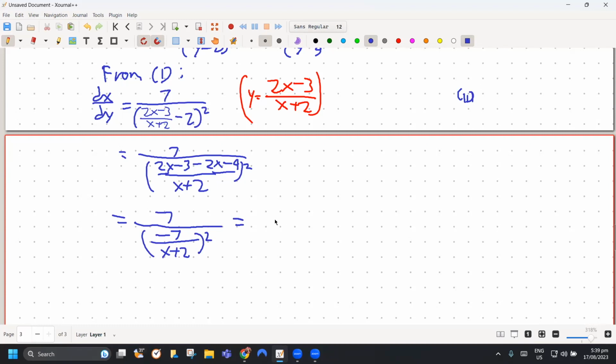7 over... over 7. Okay, so dx dy is x plus 2 square over 7.